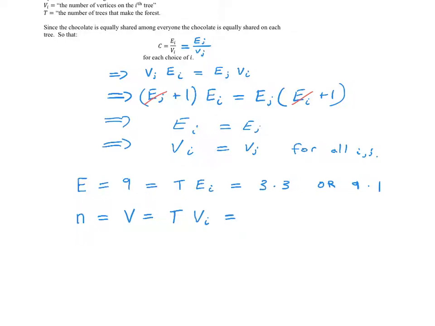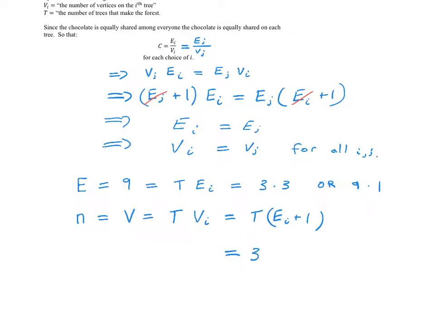And if we want to look at another way to write v sub I, each of those individual parts of my forest here are trees, so we can use the tree formula to say that that's e sub I plus 1. And we've discovered that from above, the capital T value is either 3 or it's 9.